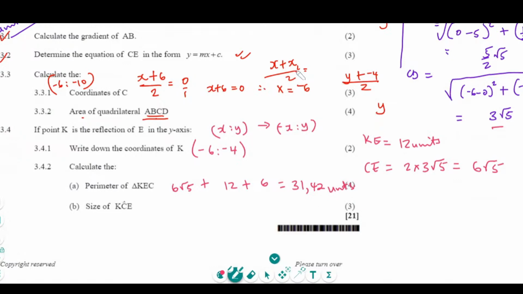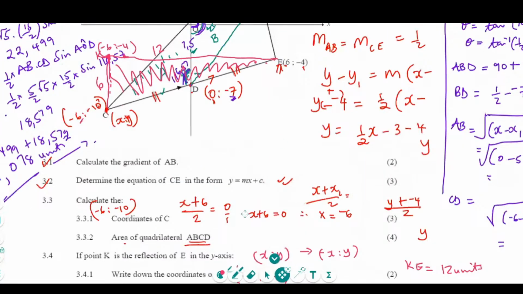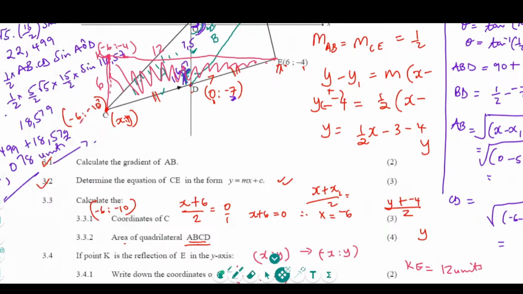And then part B, they want the size of KCE. KCE, what is that? Where do we even find it? KCE, which means we need to find the size of this angle.